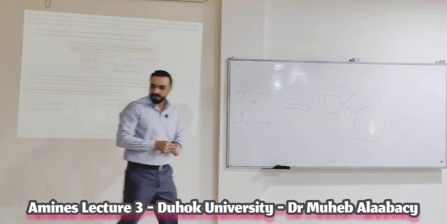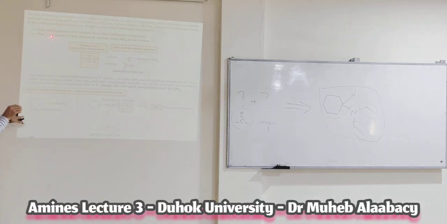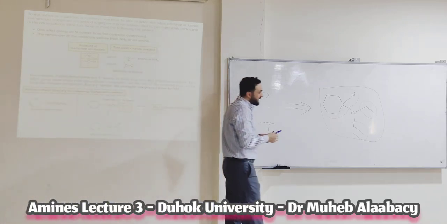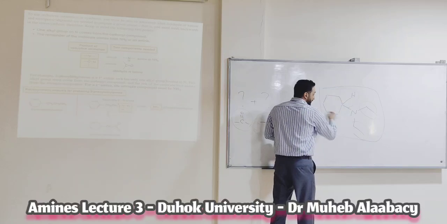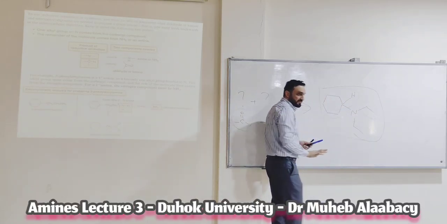Okay, let me finish. Secondly, the remainder of the molecule comes from the NH3 or the amine derivative. So if you say this comes from the ketone, that means the remaining part comes from the amine.